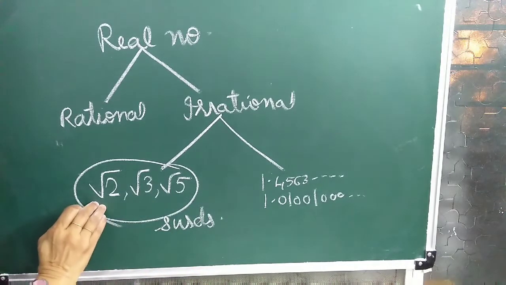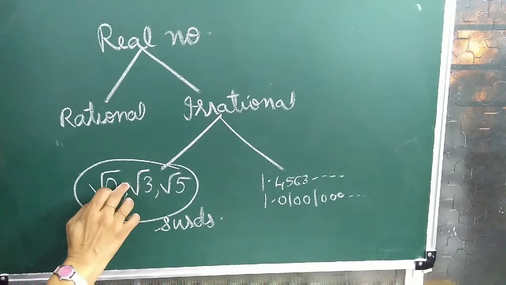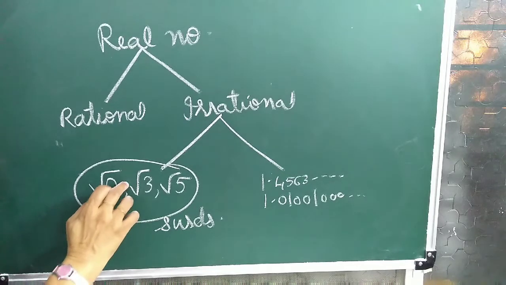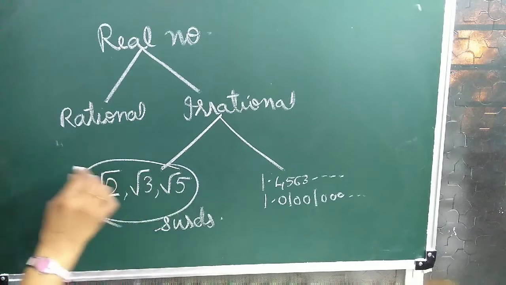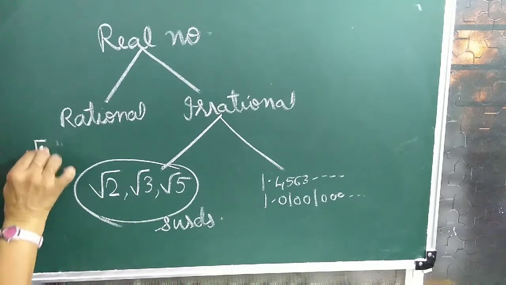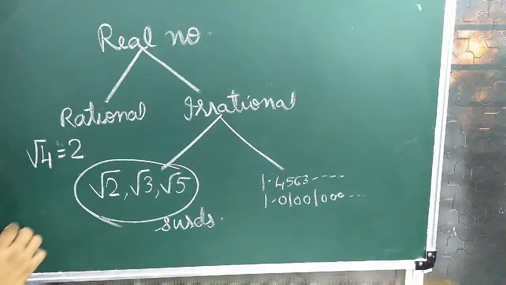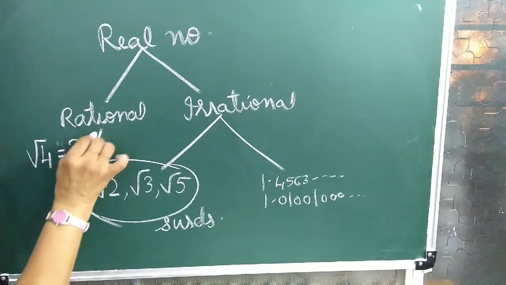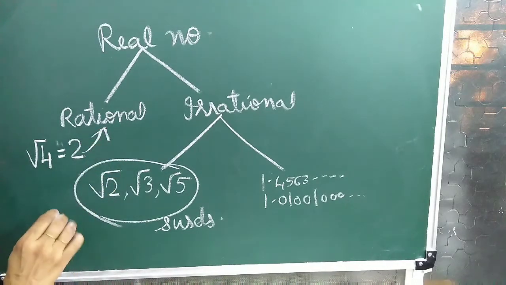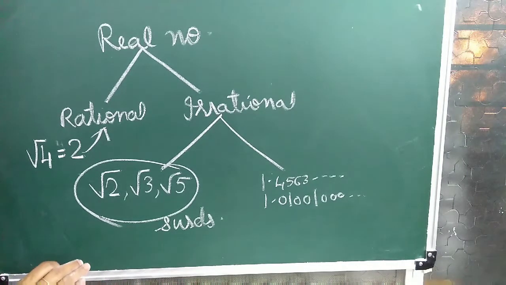And you know all irrational numbers of this category are not surds. Because for example, root 4 is 2, and this 2 is a rational number. So all irrational numbers are not surds.